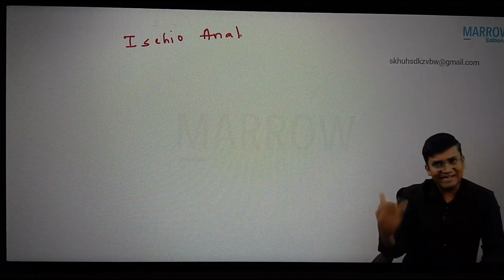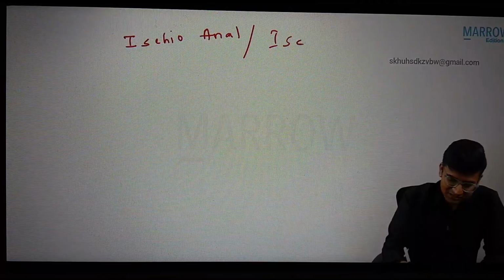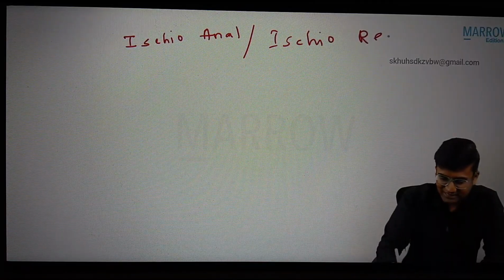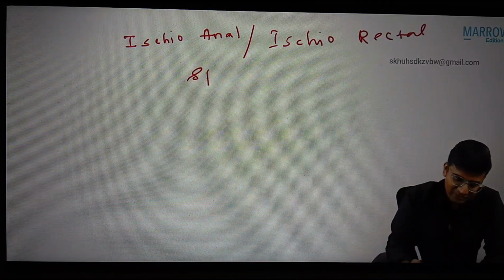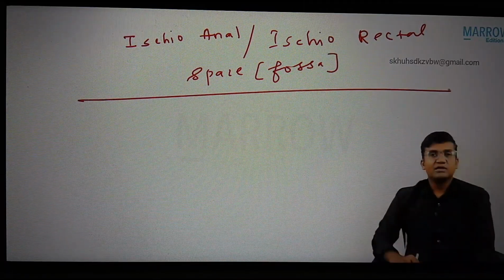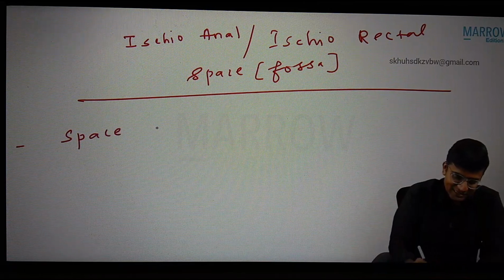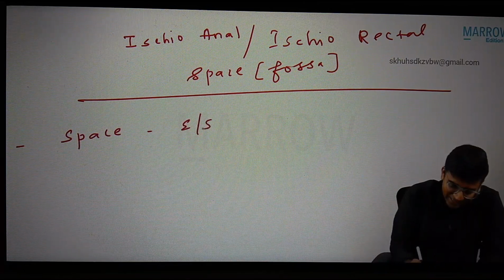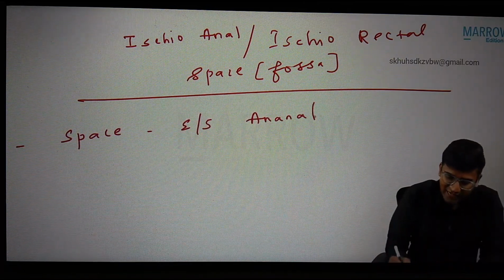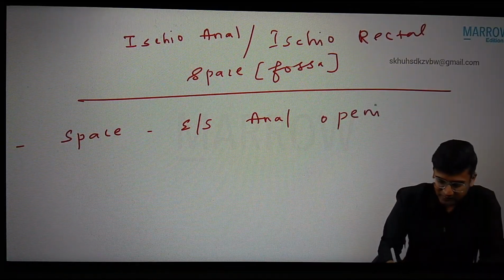Ischioanal space is the correct name, between the ischium and the anal canal, but they are calling this space the ischiorectal space or fossa. Where is this fossa? This space is present on either side of the anal opening.